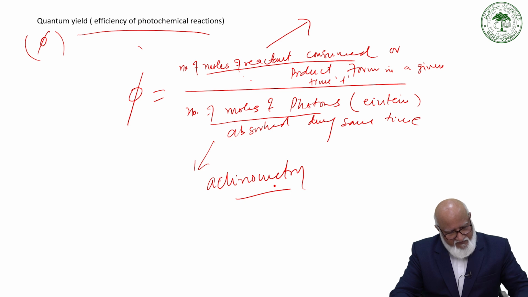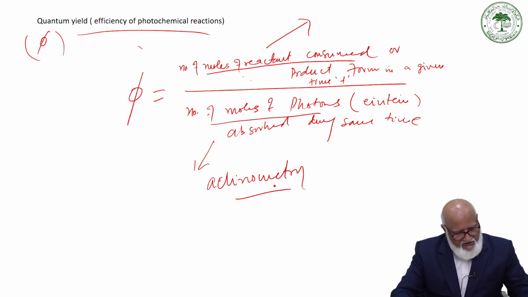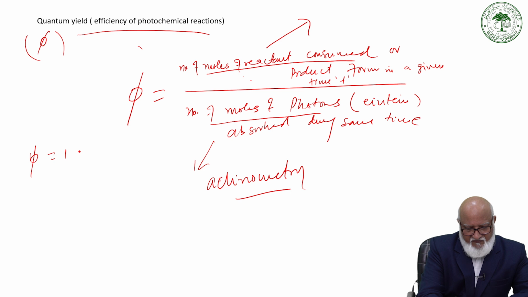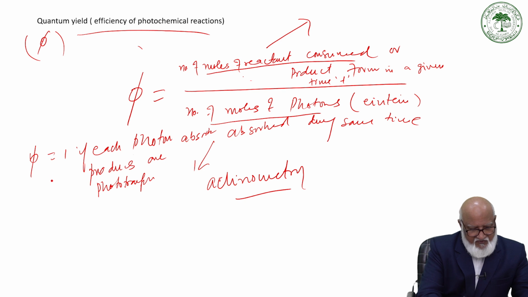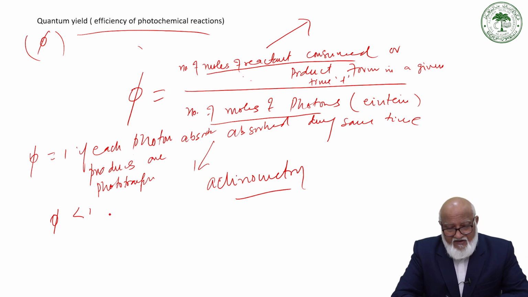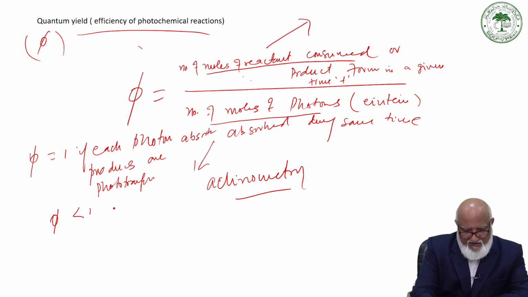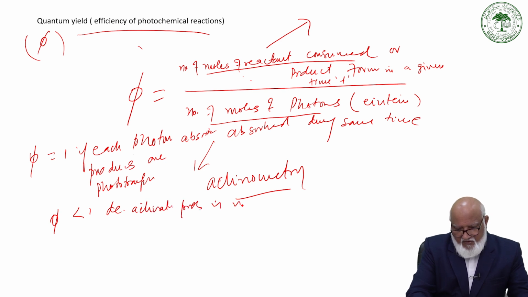If each photon absorbed produces one photo transformation, then the quantum yield phi is equal to 1. The quantum yield is less than 1 when deactivation processes, like intersystem crossing and internal conversion, are more prominent.